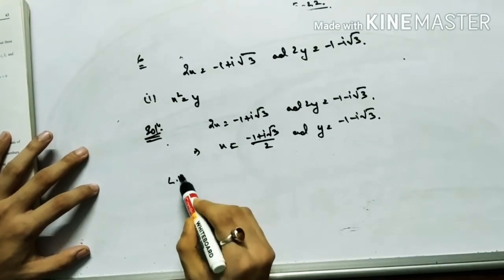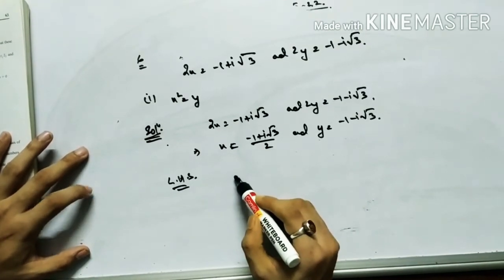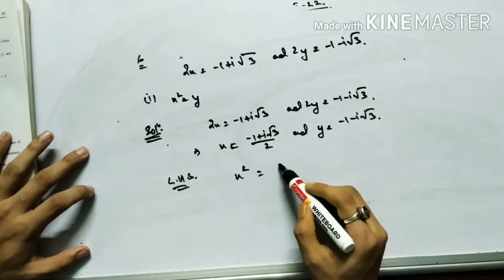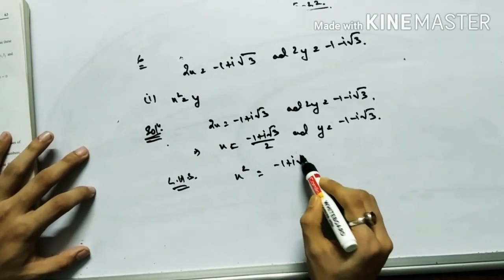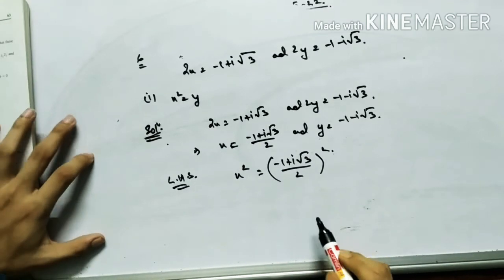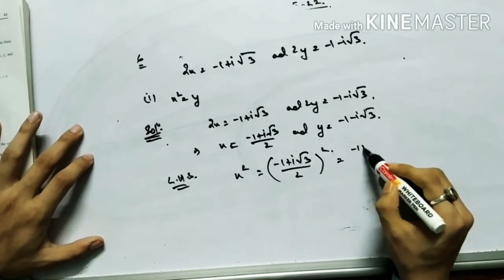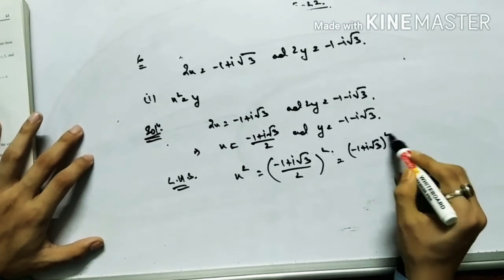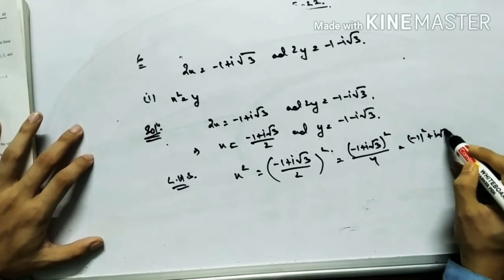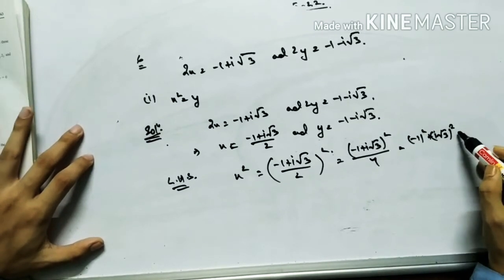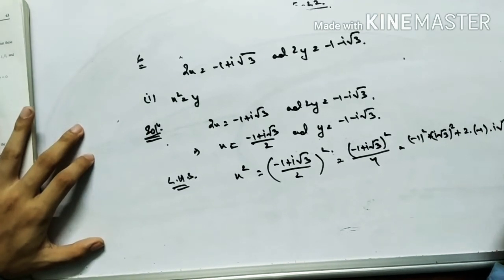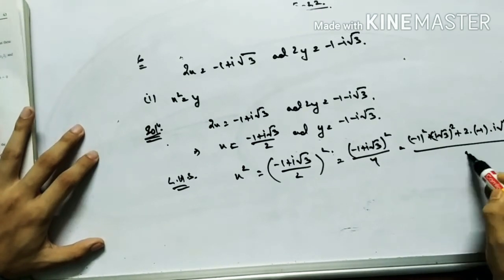Now I will take the LHS, which is x square. So x square will be ((minus 1 plus i root 3) by 2) the whole square, which is equal to (minus 1 plus i root 3) the whole square by 4. This is minus 1 the whole square plus i root 3 the whole square plus 2 into minus 1 into i root 3, by 4.